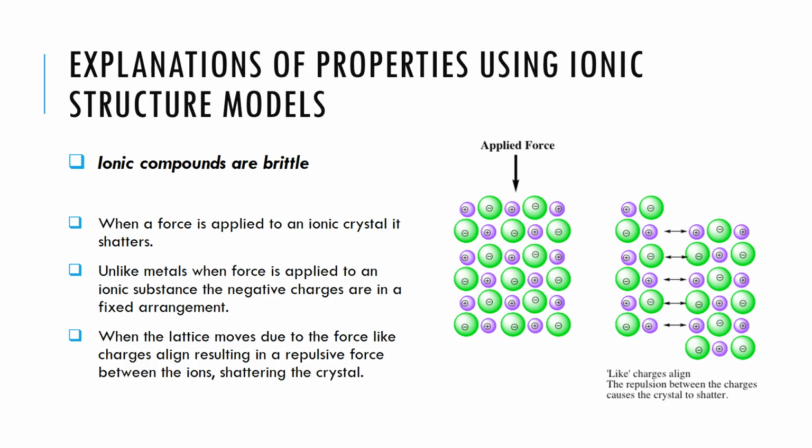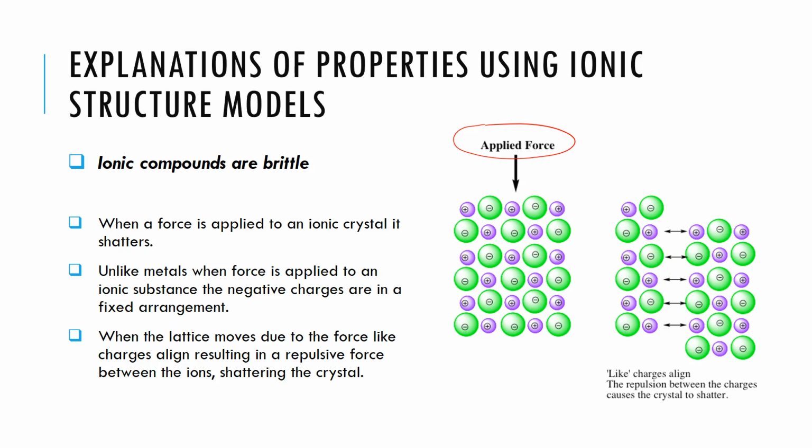Then one of our last ones, looking at ionic compounds being brittle. I know that a number of you have already spoken to me about this one. You have a pretty good handle on it. So essentially when we apply a force to the lattice, like we did with metals, instead of the lattice shifting and being stabilized because of the delocalized electrons, what happens now is we apply a force, we get a shift in the lattice, which causes positive and negative charges to align.